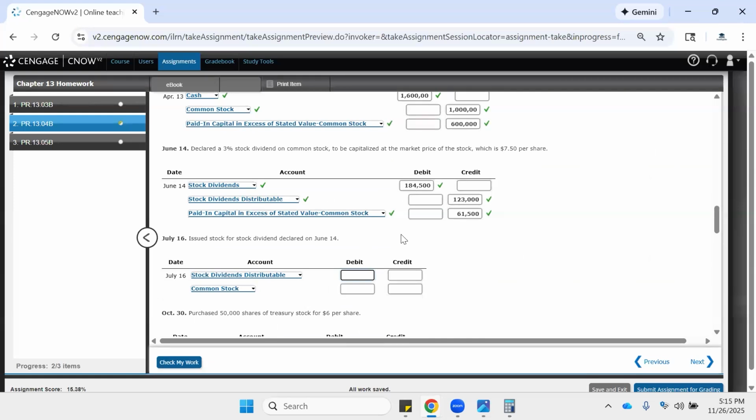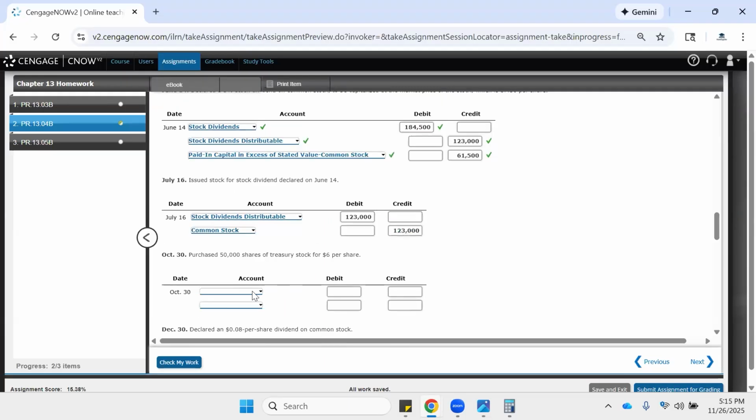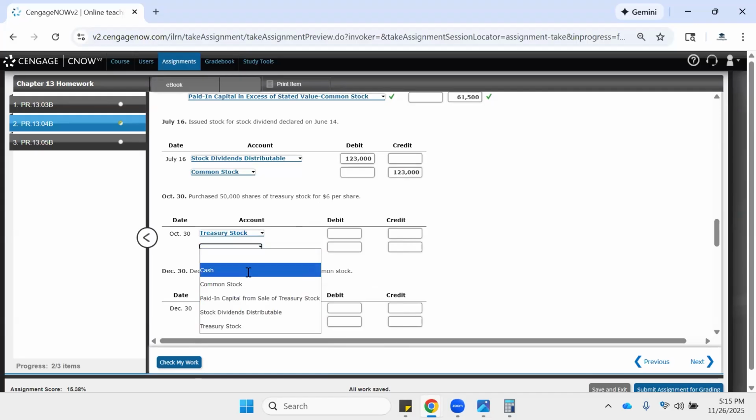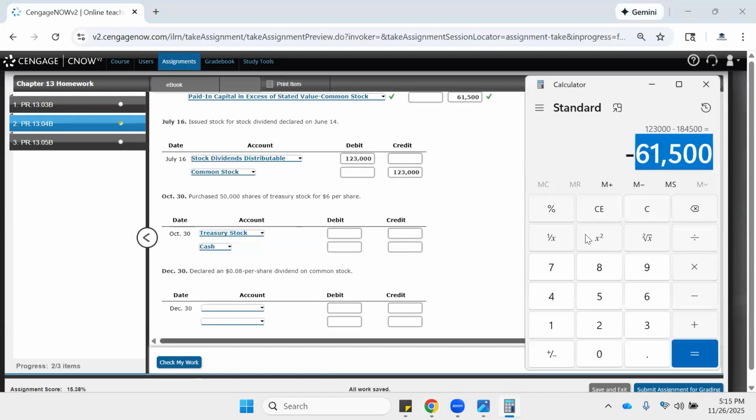And so now we debit stock dividends distributable for $123,000 and credit common stock for $123,000. The next transaction is purchasing treasury stock. And so we have to debit treasury stock and credit cash. And the amount is 50,000 shares times $6 per share is $300,000.